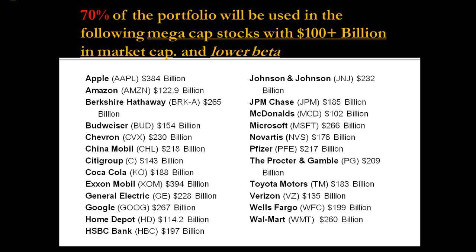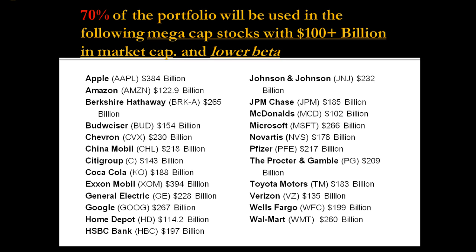Anyway, so let's say 70% of the portfolio would be used in mega cap stocks, right? You would have 100 plus billion market cap companies. If a company is fairly large, more than 100 billion market cap, you would have a lower beta. And as you recall, beta is a measure of risk.